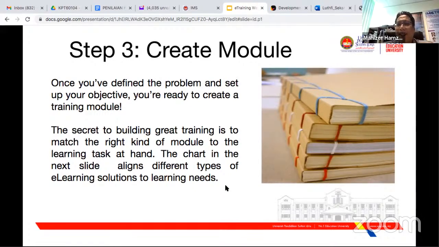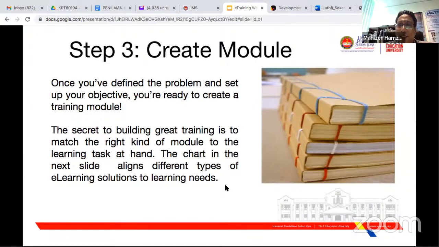For example, if the training module involves the use of machine skills, you should have a module that is related to the skills, related to how to learn, and then they can learn about the process.